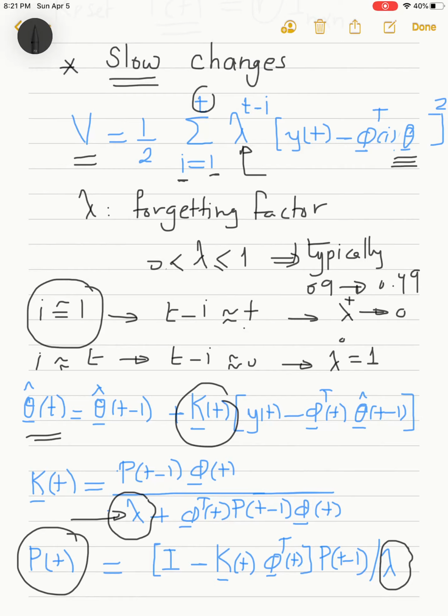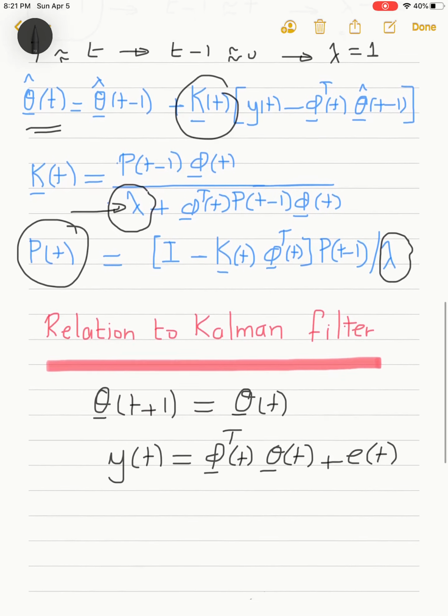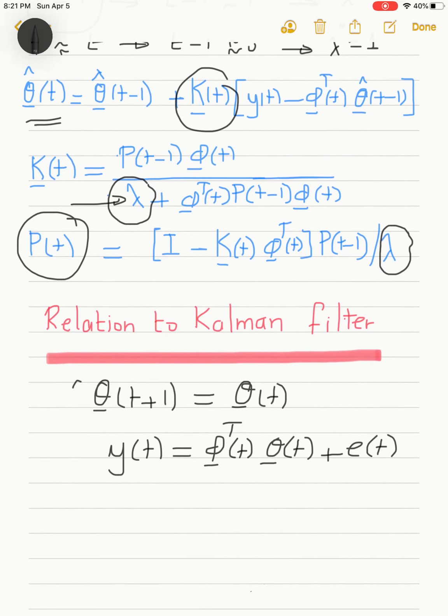We can relate the recursive least squares to Kalman filter. If we assume a process with a state space representation like this, where theta here would be the state variables and y is the output measurement, then we can design an optimal observer. The optimal observer will take the form theta hat t plus 1.